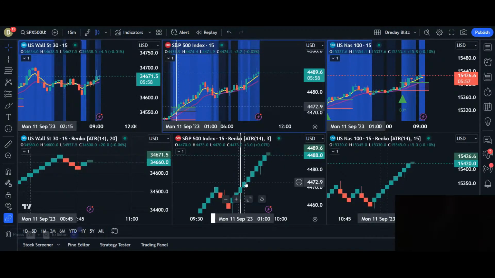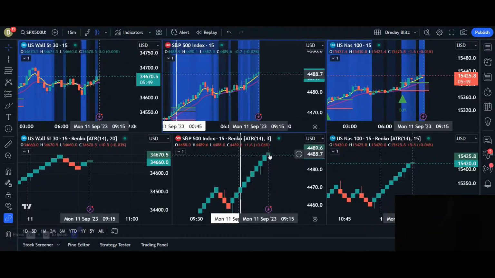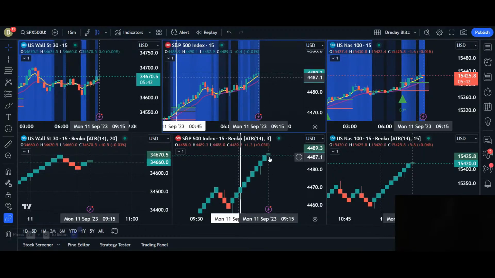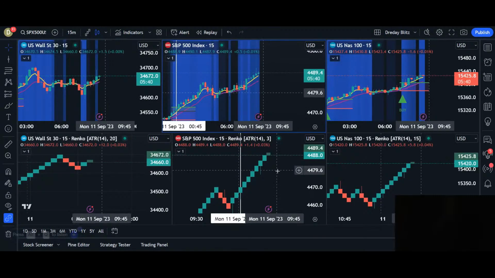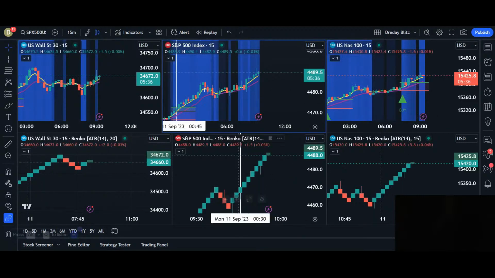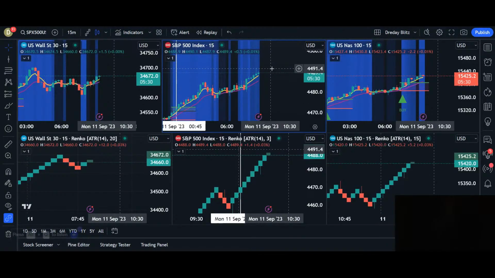So as long as the Renko bar is full like this and not grayed out, when it's grayed out, that means that's the current price that's being created. So as long as it doesn't close the opposite way of the trend, you're still in the trade. So if you had taken that trade, you would be in good profit overall.